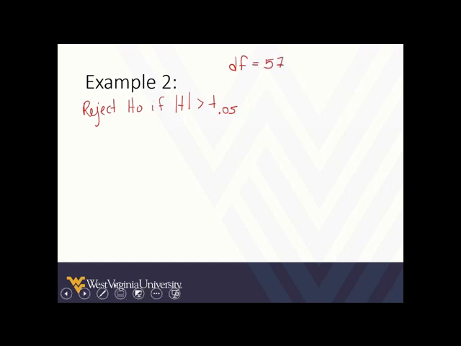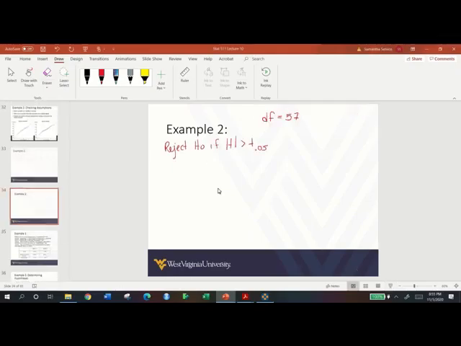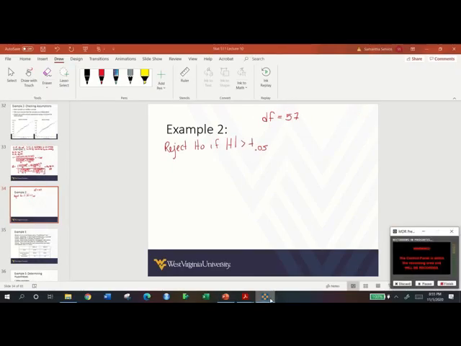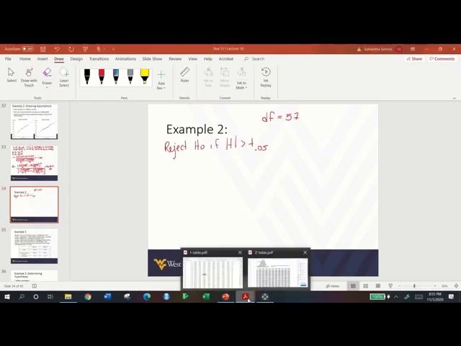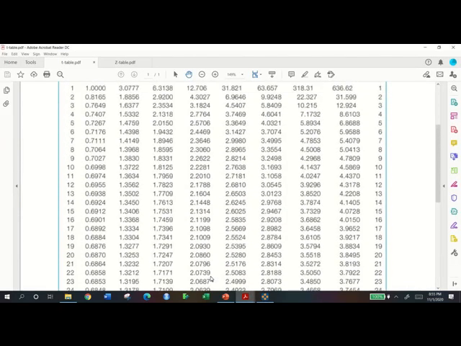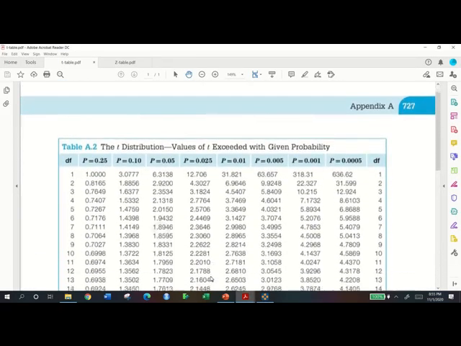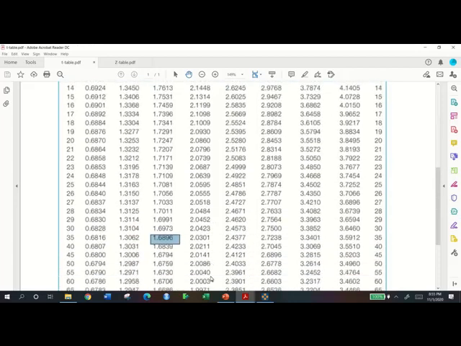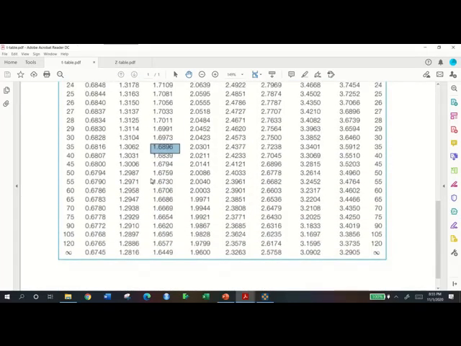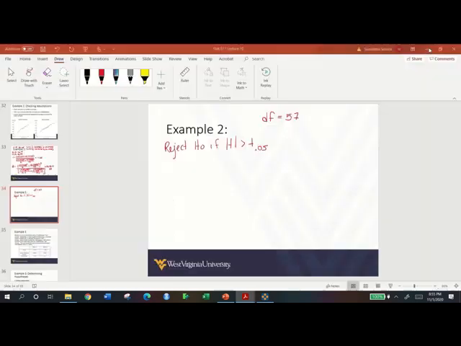So let's exit out of here and take a look at our t-table. And so third column, and as close as we can get to 57, which in this case is going to be 55. And so we are going to have a critical value of 1.6730.